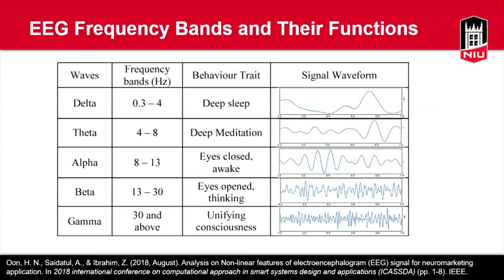Briefly, our EEG signal typically has 5 frequency bands. Depending on the oscillation of the signal, the first one is delta, a very slow frequency, more like deep sleep or relaxation. But at the end, it's gamma.